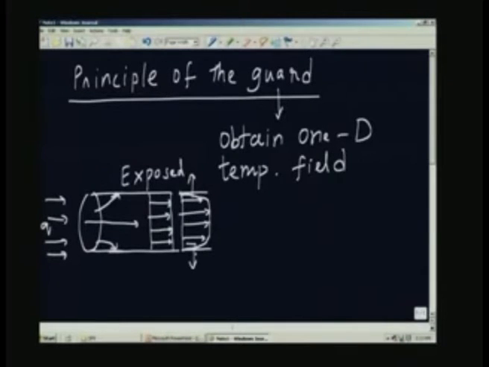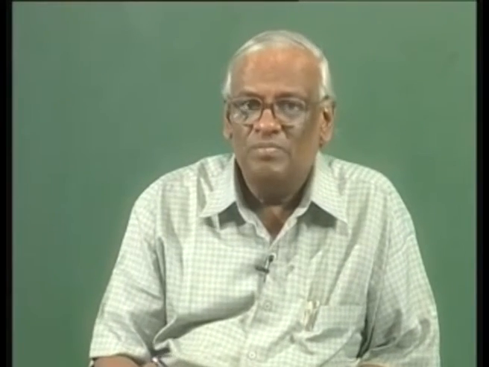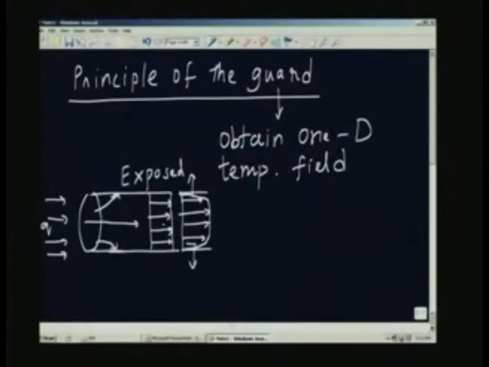So, what is the consequence of this? Suppose I assume that all the heat which is entering at the front surface is going axially, then I know the total heat transferred simply by the fact Q into A, that is the heat which is entering the surface.